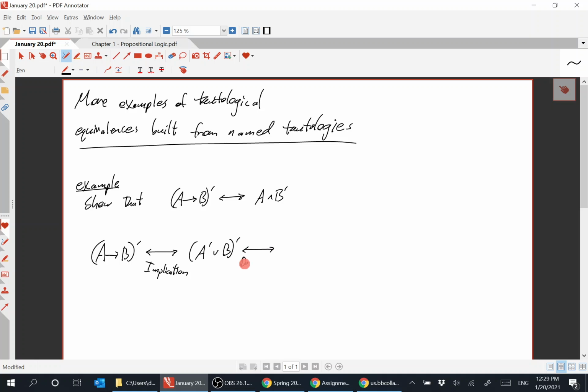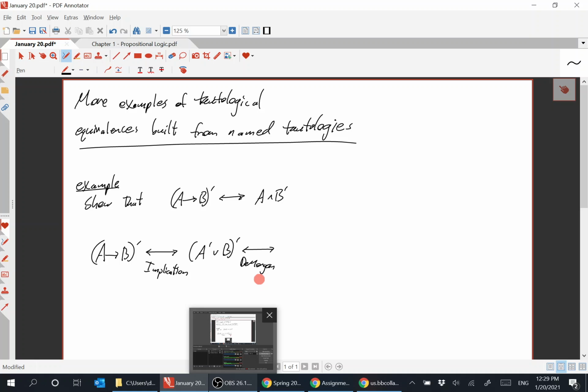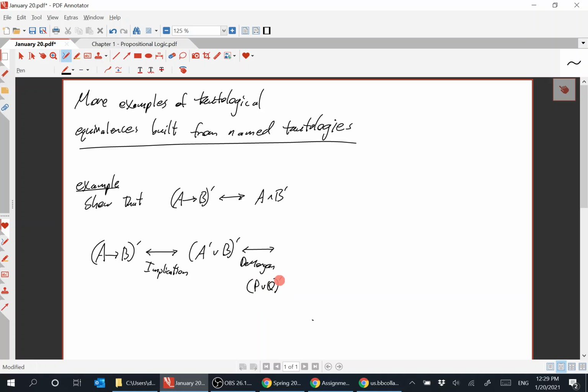And now with De Morgan. De Morgan's law says P or Q naught is logically equivalent to P naught and Q naught.